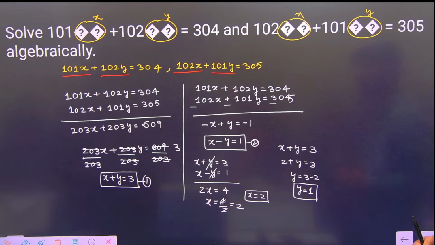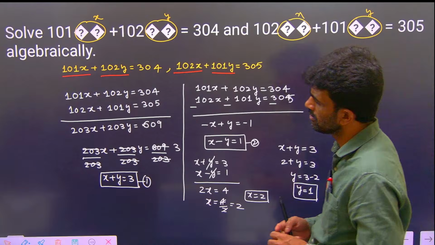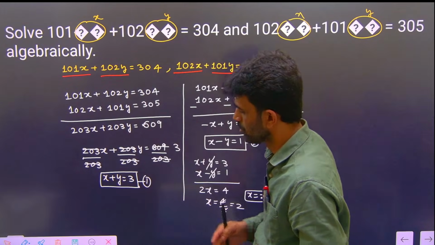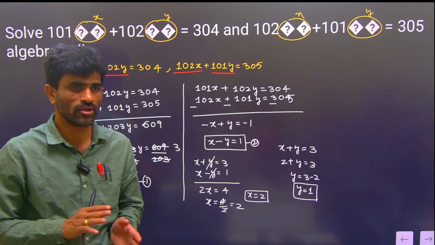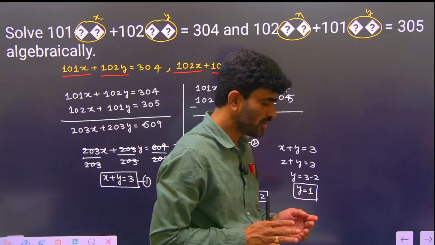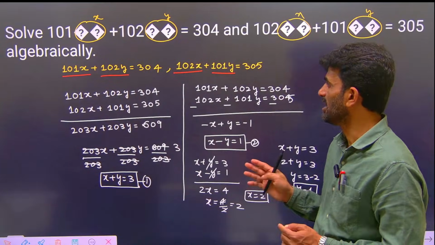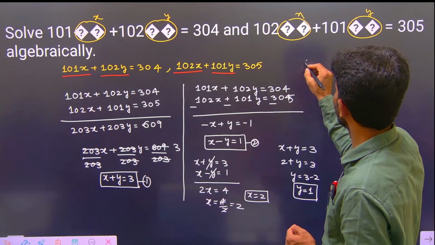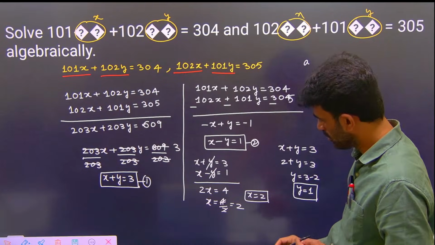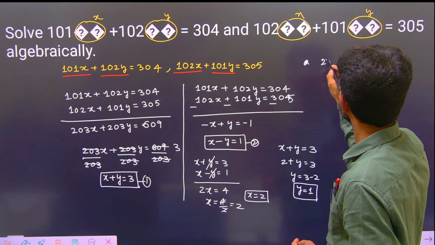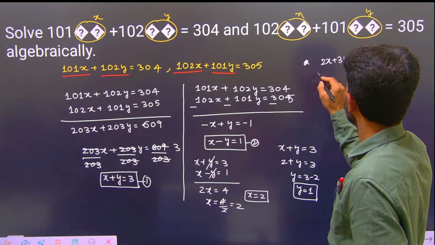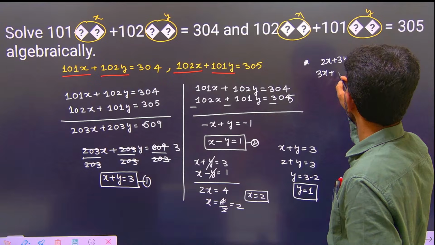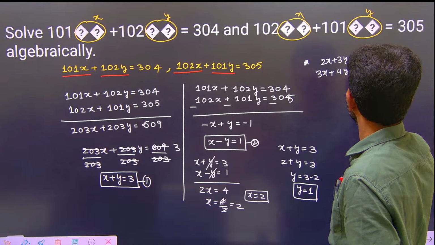Okay, let us do another question. If the x coefficients and y coefficients are not the same, then we don't just add or subtract. What we do there is follow the elimination method. Suppose you have one equation, for example, 2x plus 3y is equal to 5, and the other is 3x plus 4y is equal to 7.